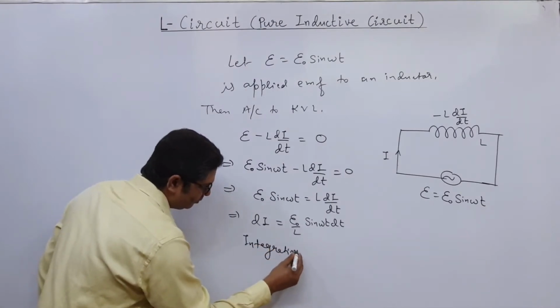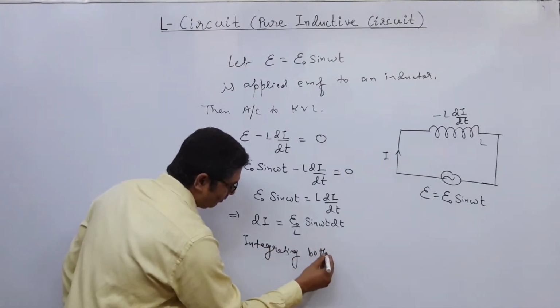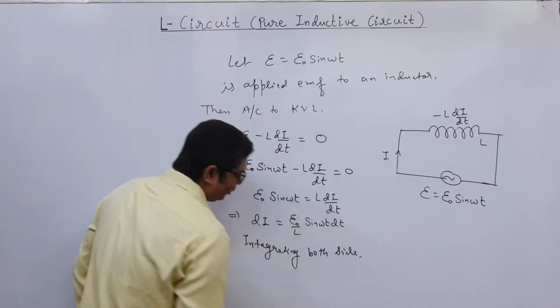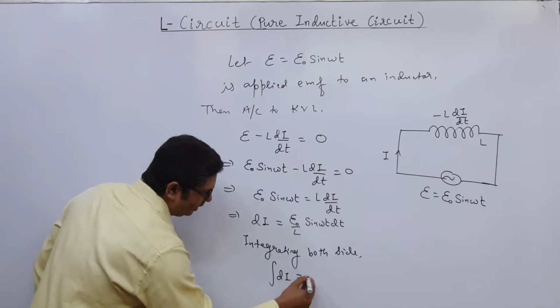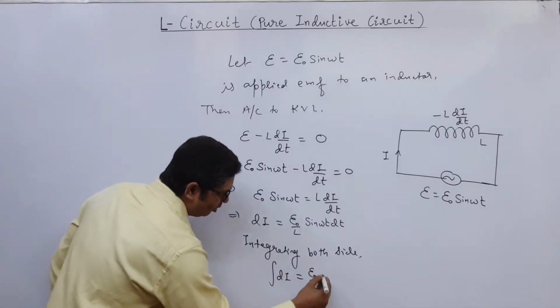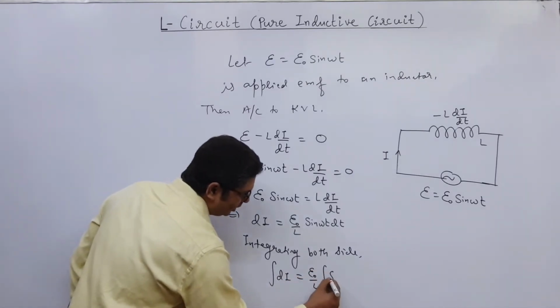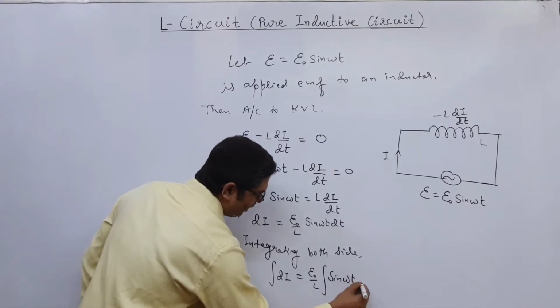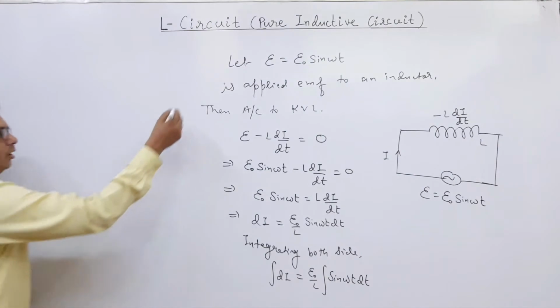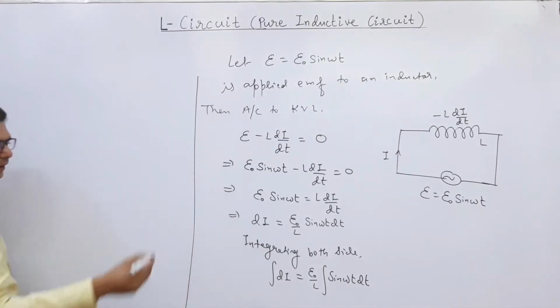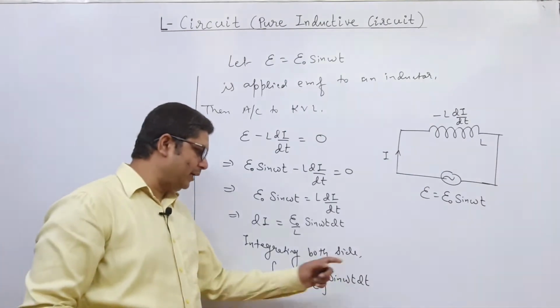Integrating both sides, we take the integration of di, and take out E naught upon L as a constant, integration of sin omega t dt. Now we have to integrate sin omega t.